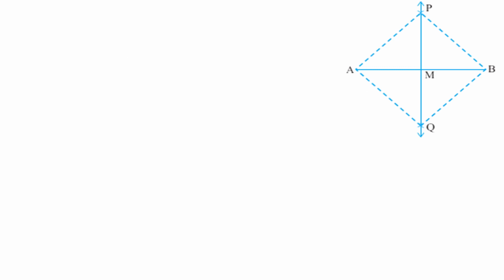Now let us write the justification, whether this construction is valid or not. Let us see how this method gives us the perpendicular bisector of line segment AB.